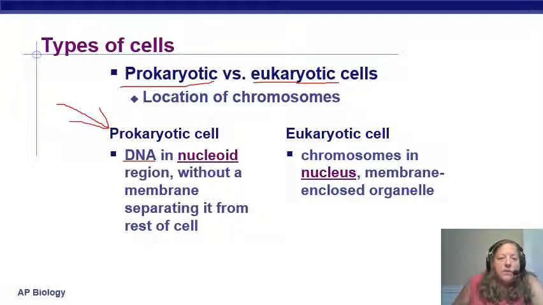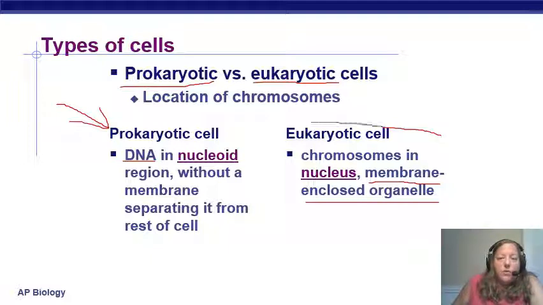So it's just kind of hanging around inside the cell. Whereas in the eukaryotic cell, chromosomes and the DNA are in a nucleus, which is a membrane-enclosed organelle, okay? So 2 big differences.